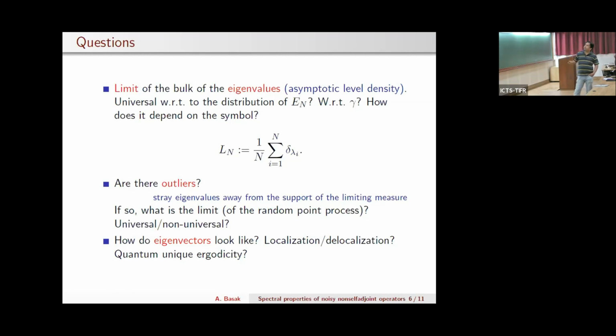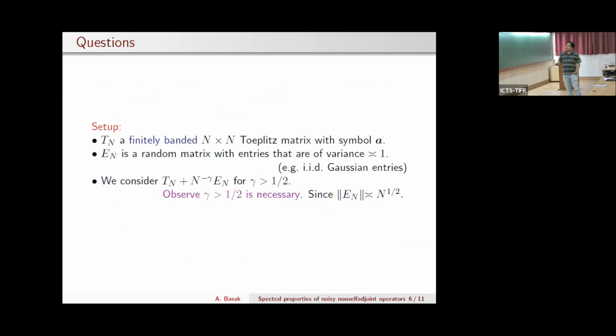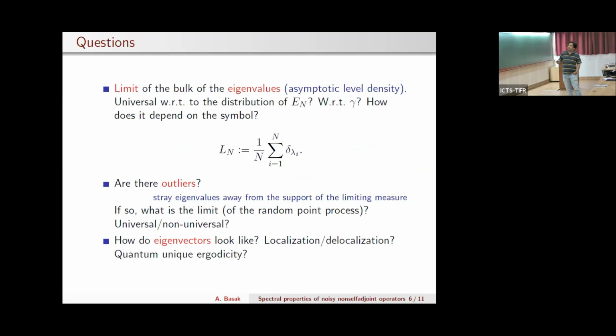The first question that people ask in random matrix theory is to understand the limit of the bulk of the eigenvalues, meaning the asymptotic level density. This gamma is often known as the coupling constant, and you want to understand whether the limit depends on gamma or not, so whether it is universal with respect to gamma, and also universal with respect to the distribution of the entries of En.